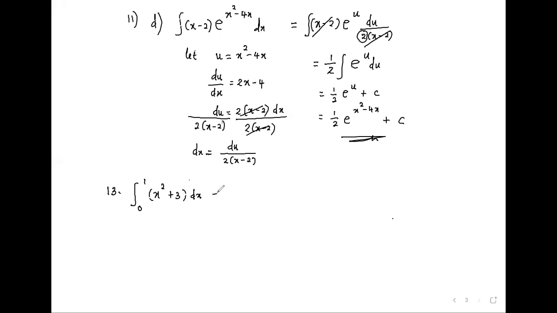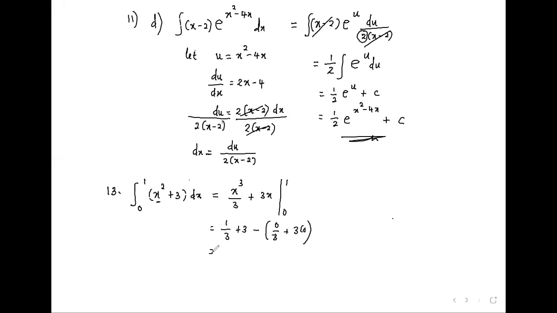So your job is you integrate this, you get x to the power 3 over 3 plus 3 multiplied by x, and then you have the limits. This means substitute 1 wherever there is x, and then substitute 0 wherever there is x.